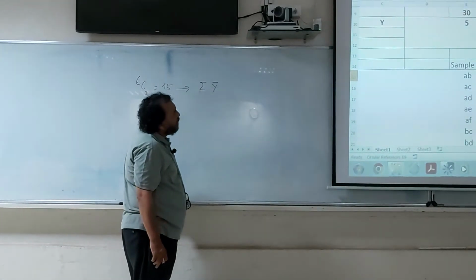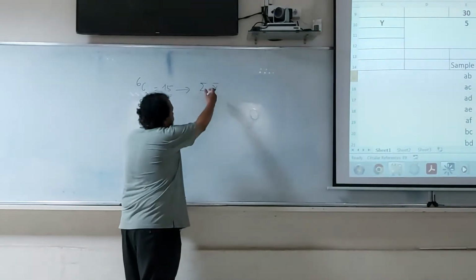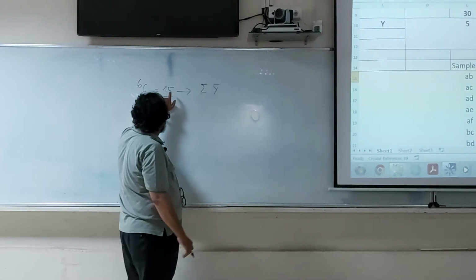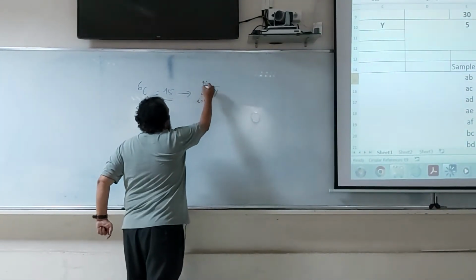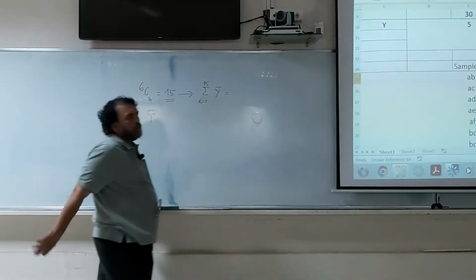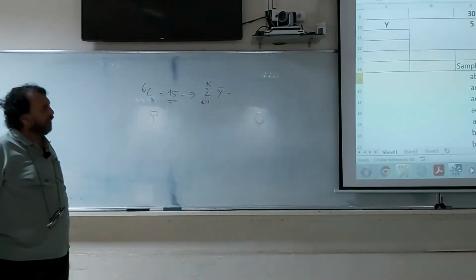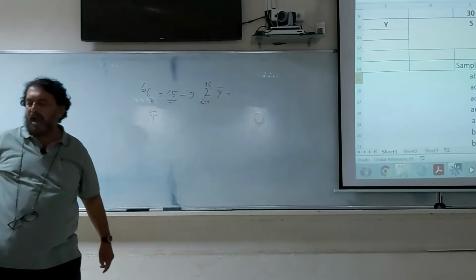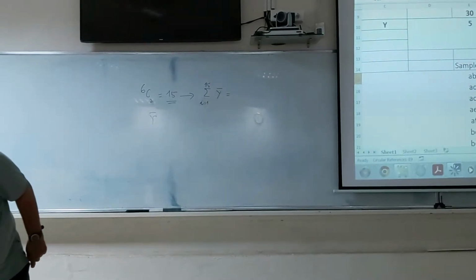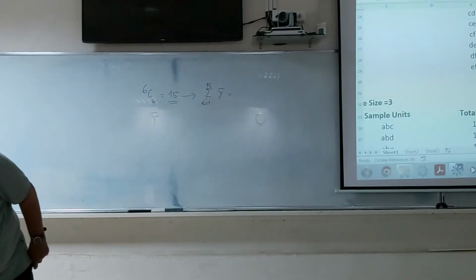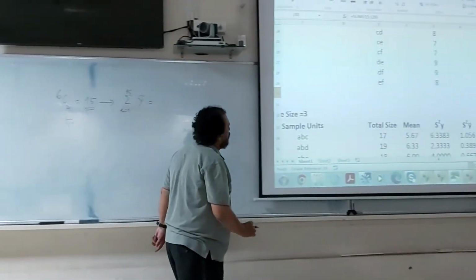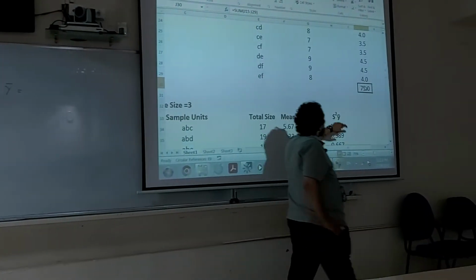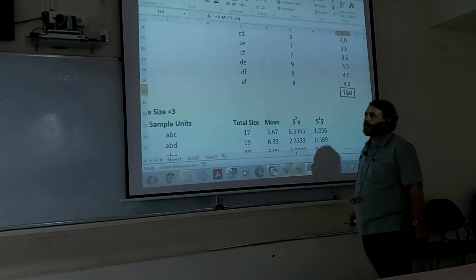So if I take all possible 15 samples, there are several y bars. How many y bars will we have? We will have 15 y bars. So if I add up all the sample means for the 15 samples, what do we get? We get the sum of all sample means equal to 75.